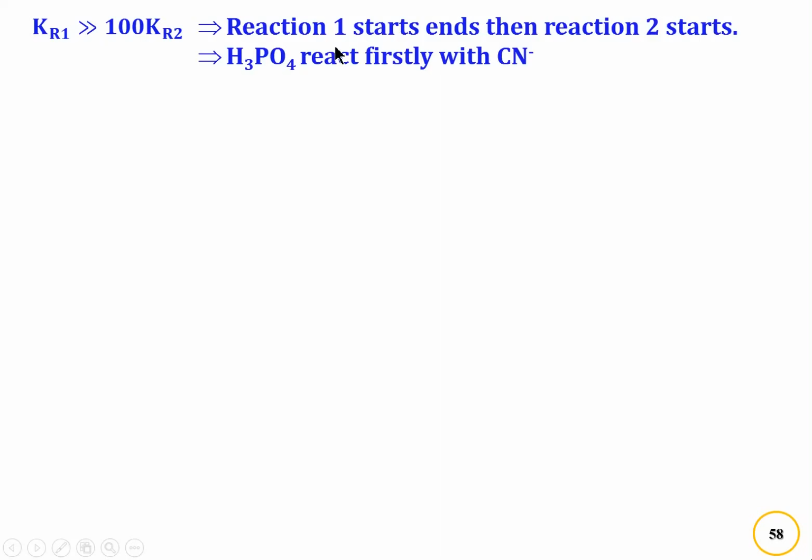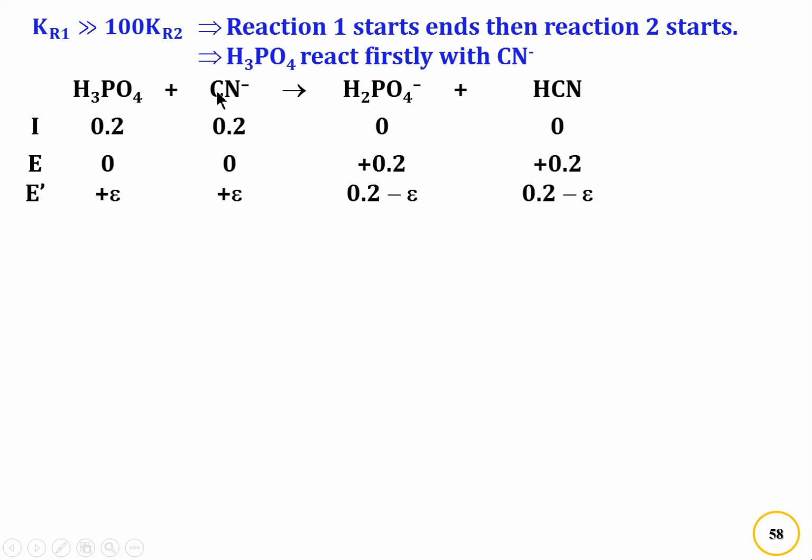So reaction 1 starts, ends, then reaction 2 starts. So we have to begin with the reaction of phosphoric acid with CN-. Phosphoric acid with CN- is a complete reaction that produces H2PO4- and HCN.